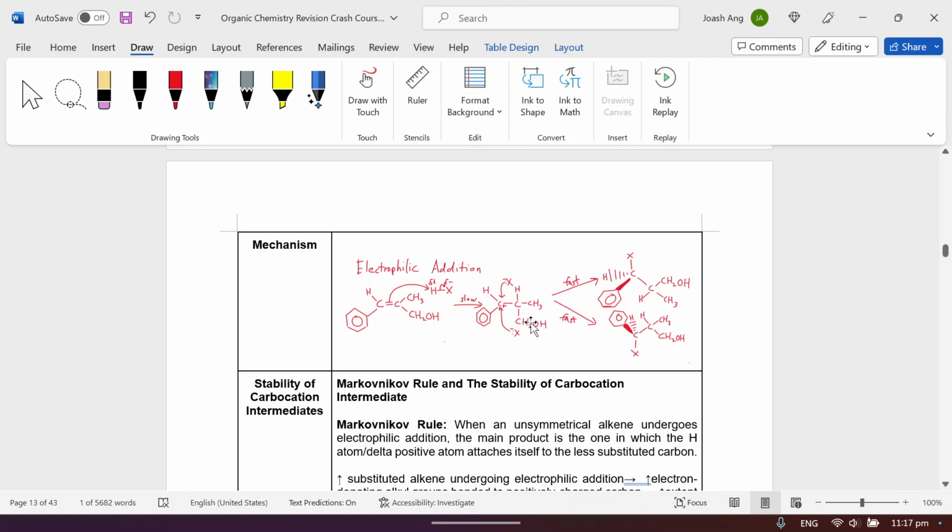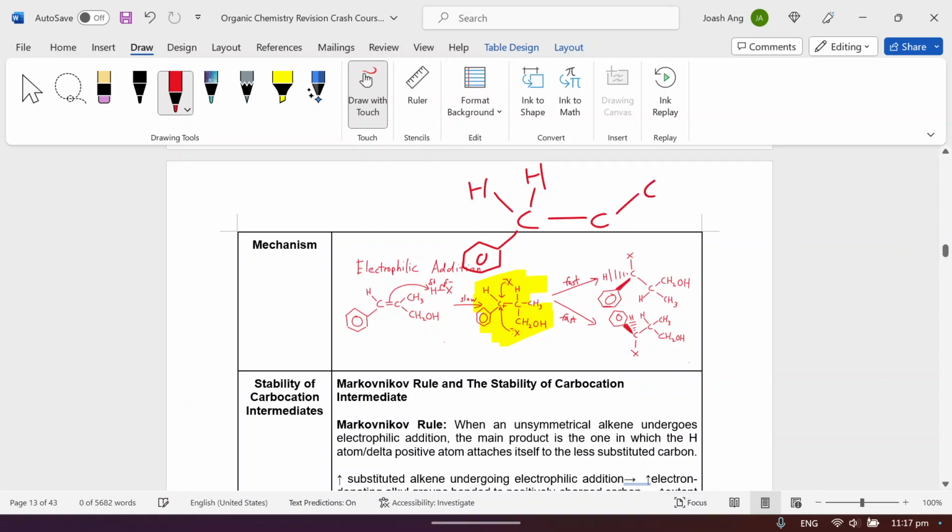And take note that the carbocation formed is this carbocation right here instead of this carbocation. Some people will say that this carbocation is a tertiary carbocation, so 3 electron donating groups.